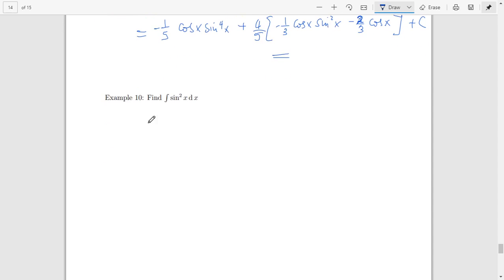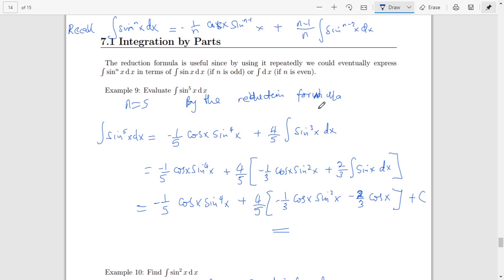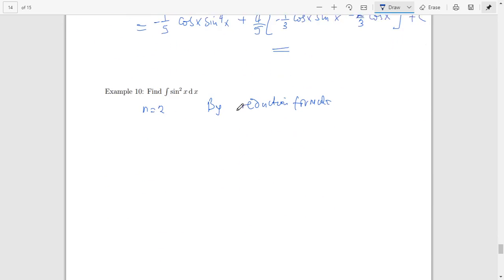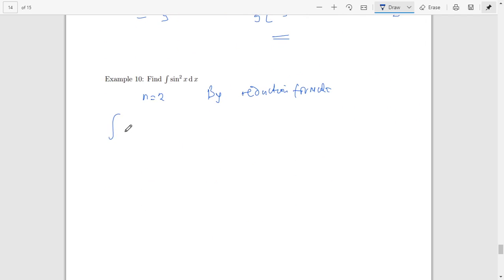Let's look at a simpler example. Here, applying that reduction formula for sine with n equal to 2. Let's look at the formula again here. It says it's negative 1 over n cosine of this, sine of this, and so on. So the integral of sine squared of x dx is going to be equal to minus, my n is 2, so I'm going to have 1 over n, which is 1 over 2, cosine of x.